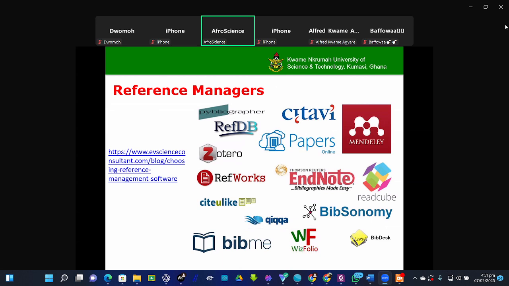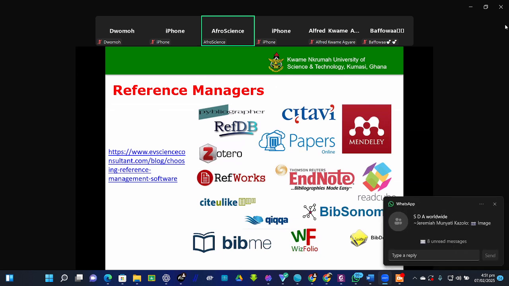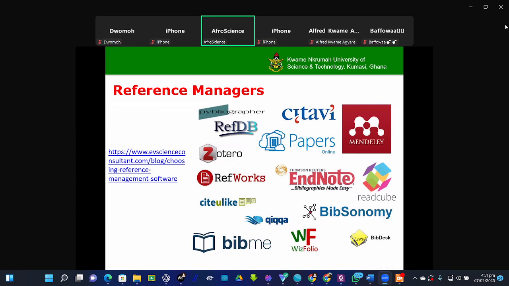Reference managers help you to save first, to extract material online. Let's say you've gone to a journal article, you think this is something that is relevant to your work. You can extract the reference directly into the reference manager and store it there. Then once you are working in your Word document, you can embed them into your Word document. So once you are working in your Word document, you can actually connect that.